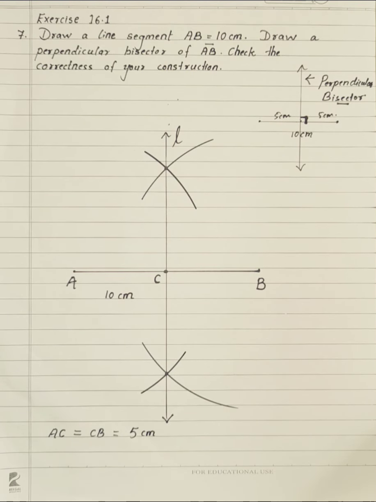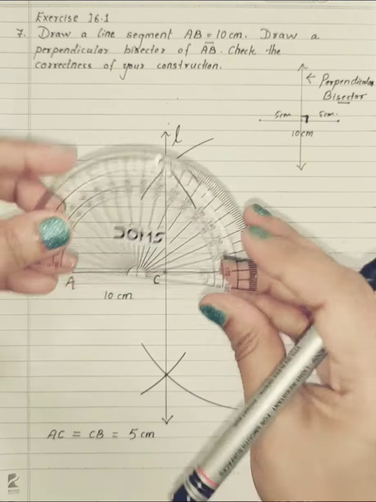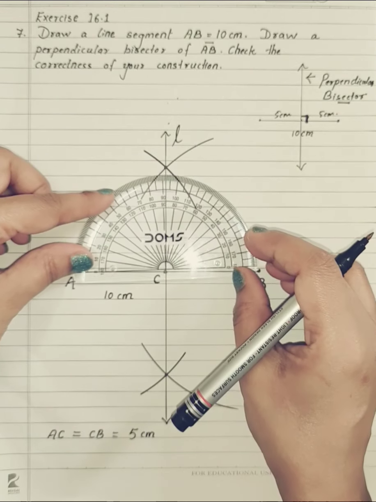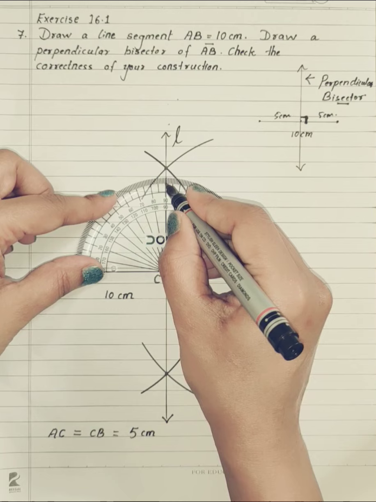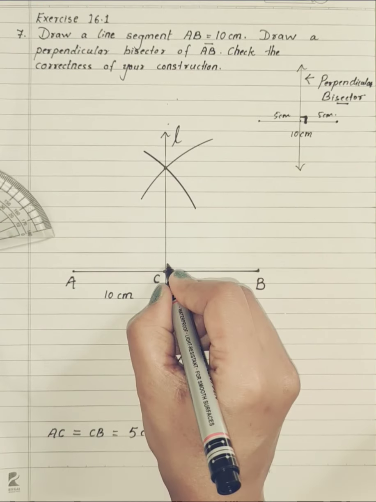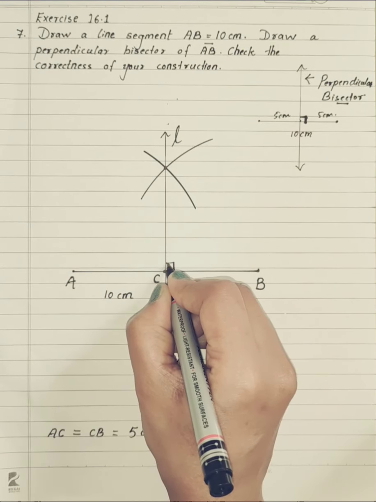Now I'll take a protractor. I'll keep this protractor here and I'll see what angle I'm getting here, 90. So I'm getting this 90.